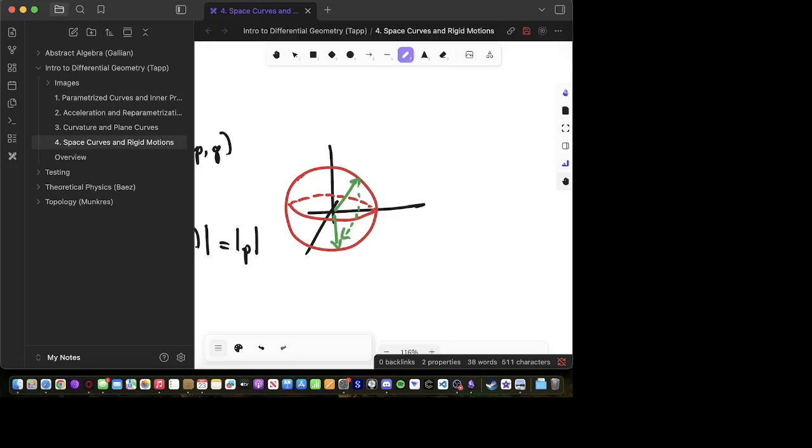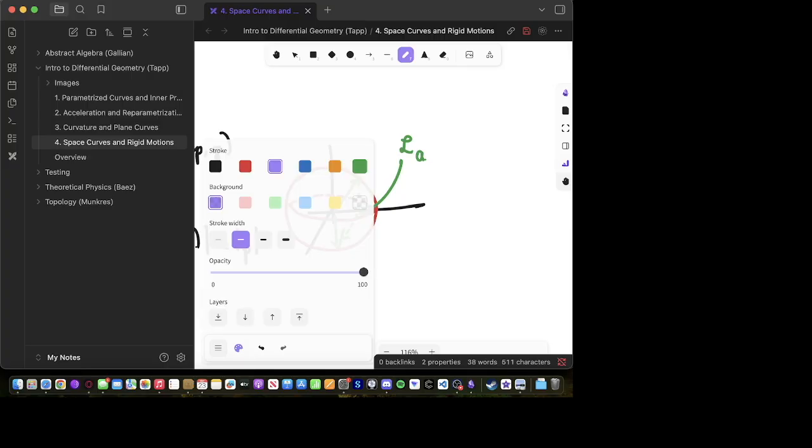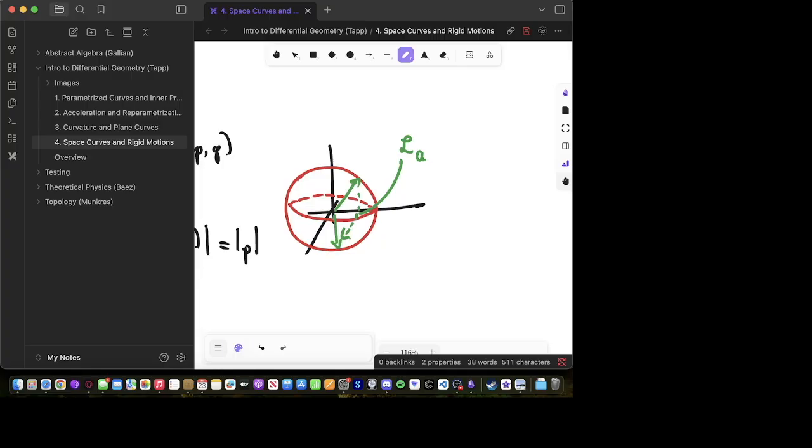So this is the rigid motion. And this implies A is orthogonal.